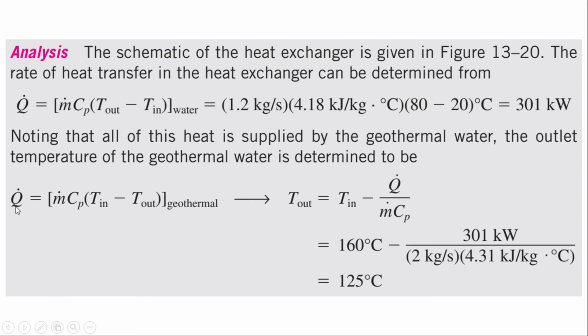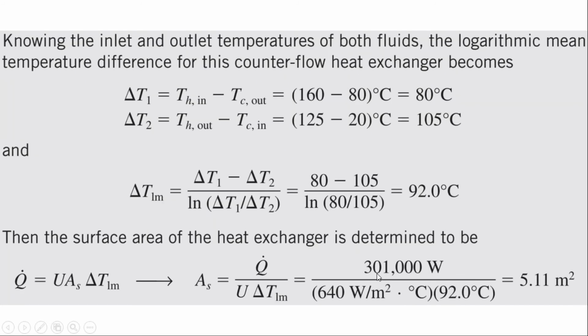So this Q would be the same as what we have determined for the cold fluid. This is the amount of heat taken up by the cold fluid, and conversely, the amount of heat provided by the hot fluid. So we put 301 kilowatt over here, and after simplifying we have the value of the outlet temperature of the hot fluid stream, which is 125 degrees centigrade.